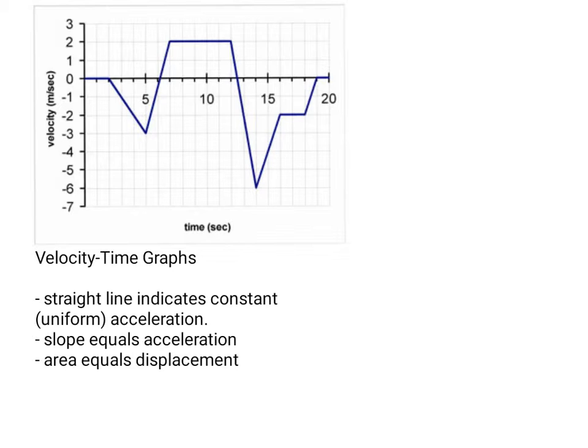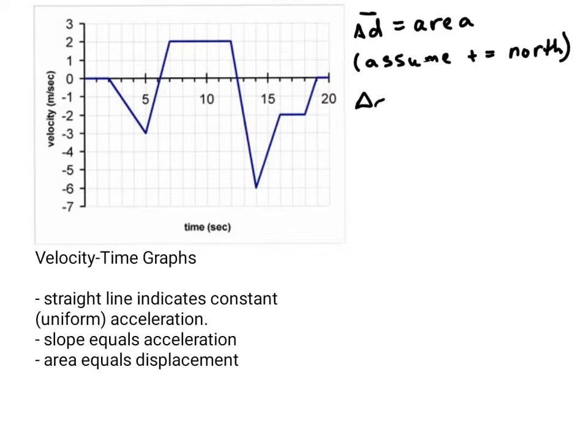Now let's find the displacement for this object in the first 10 seconds. So the displacement equals the area, and again we'll assume positive is north. So our displacement is, the first shape we see is a triangle, and notice that it's negative.